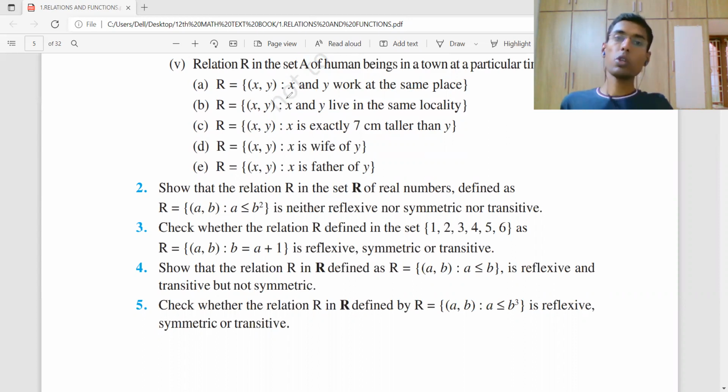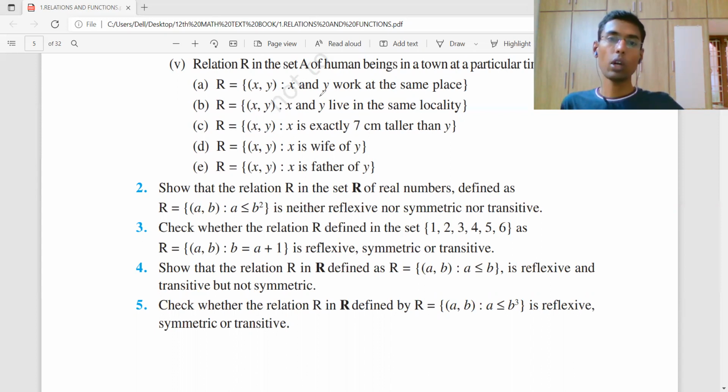You can check: is it reflexive? Reflexive means x and x work at the same place.